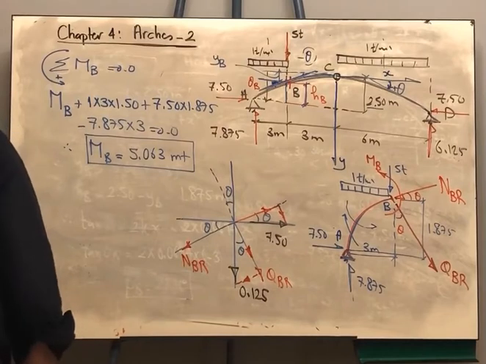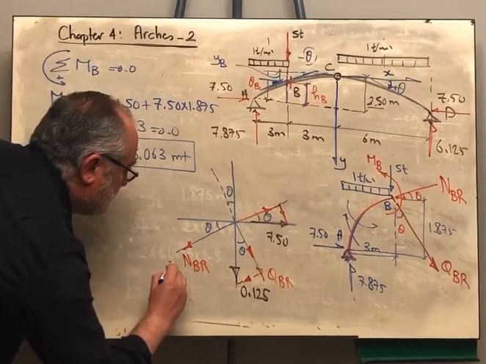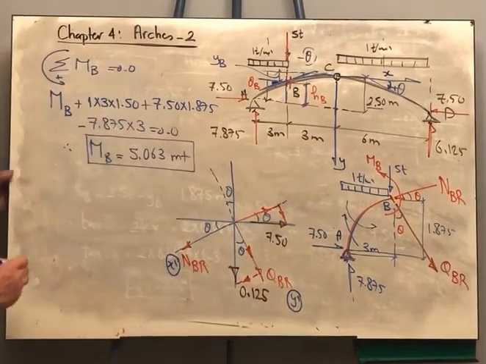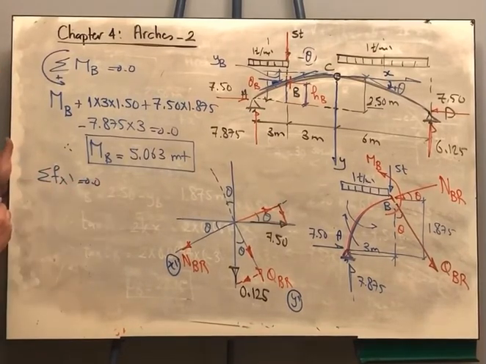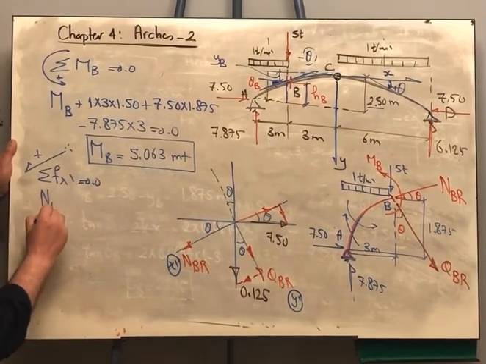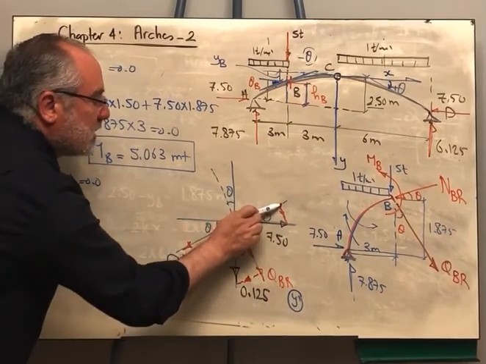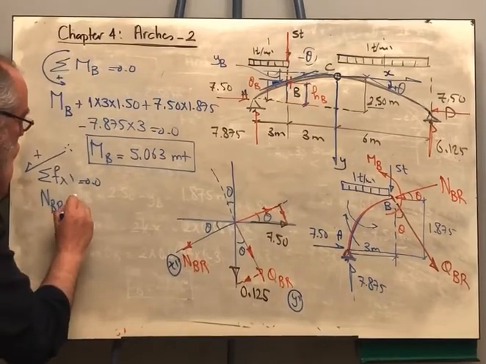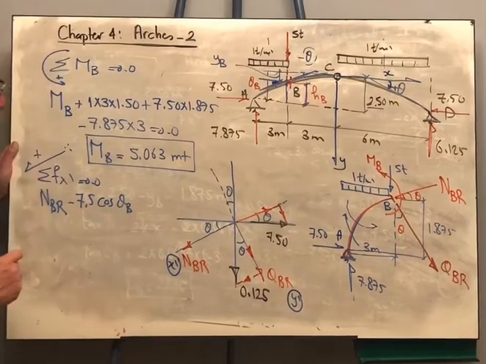Therefore, let us apply, this is the x prime direction, and this is the y prime direction. I will say sigma Fx prime is equal to 0, and this will be the positive direction. So NB, right, the component 7.5 is against, and it is 7.5 cosine. So this is negative 7.5 cosine theta b.